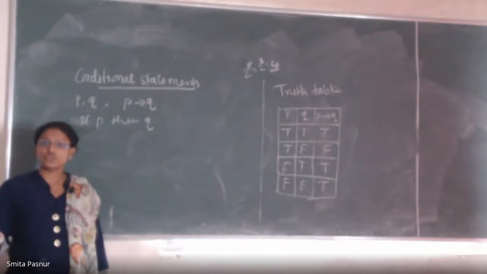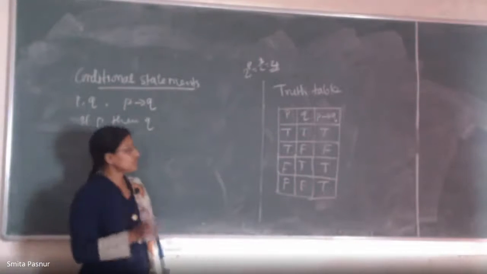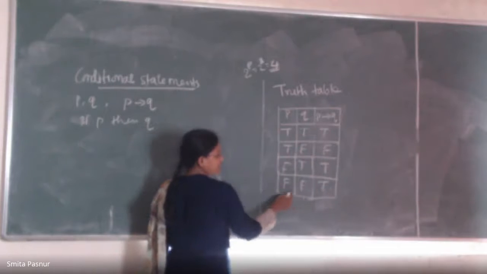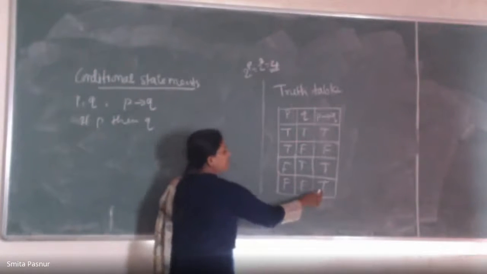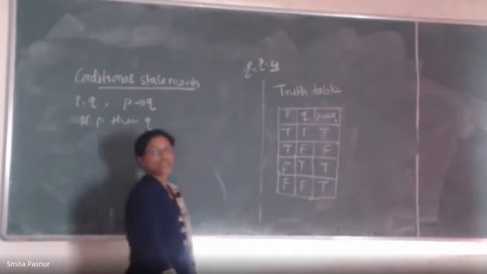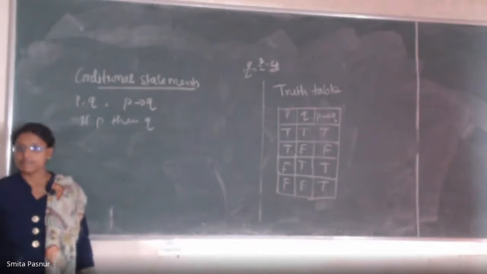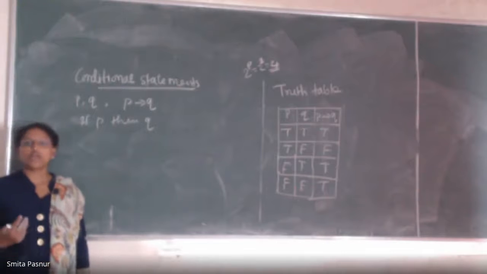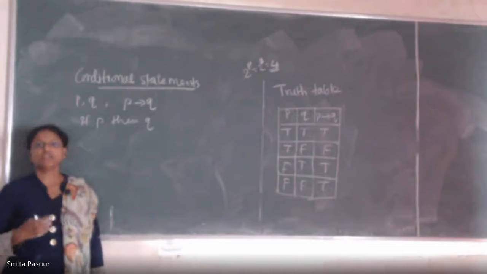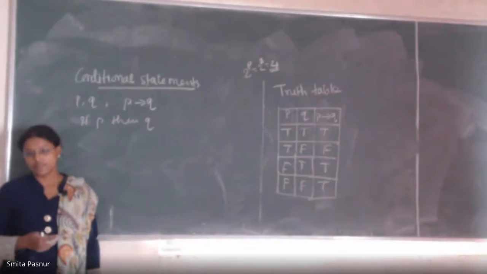If P, then Q. Whatever Q is, that will be the answer there. But if both the values are false, then true will come. Otherwise, whatever Q is, that is the output for the conditional statement. Is that clear? These things you have to remember. The truth tables you have to remember for each and every logical connective.